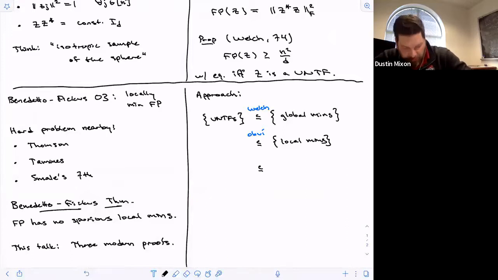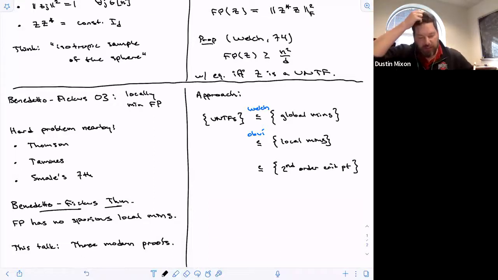If you're a local min, then you're necessarily what's called a second order critical point. This is to say that, well, if you didn't have constraints, it would mean that your gradient is 0 and your Hessian is positive semi-definite.